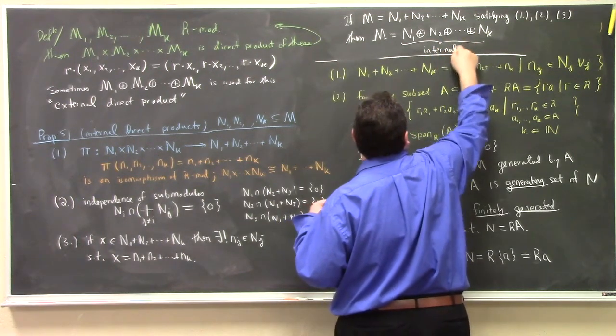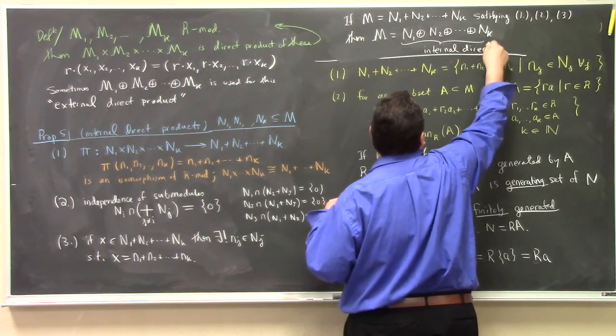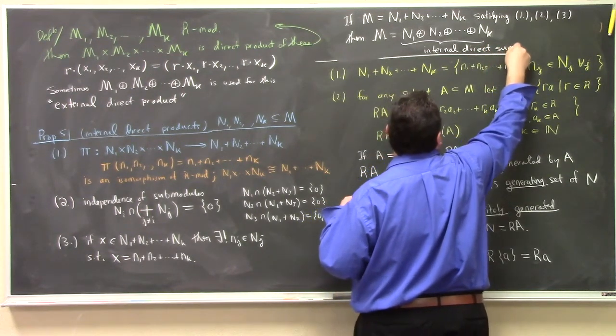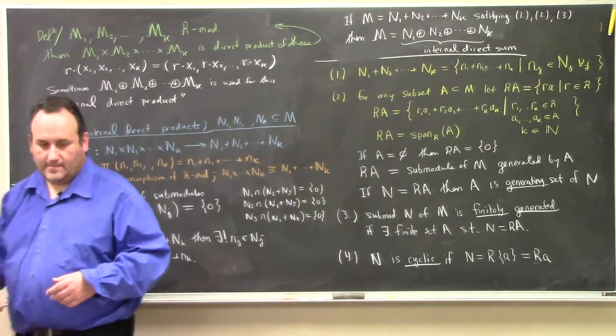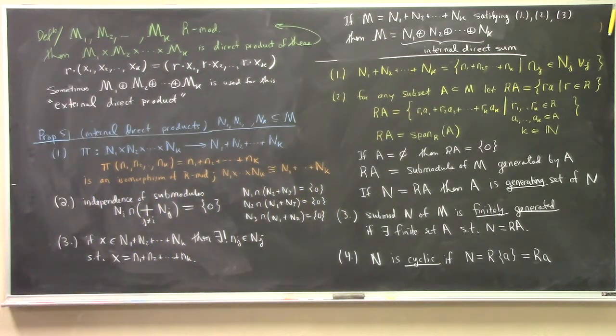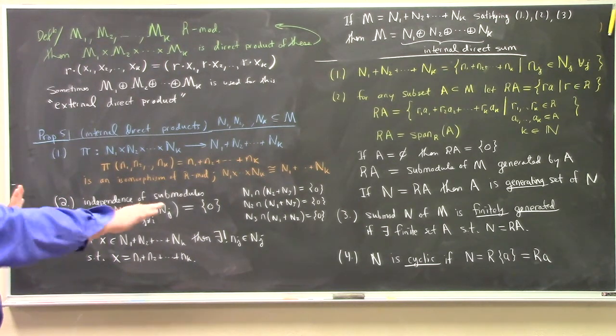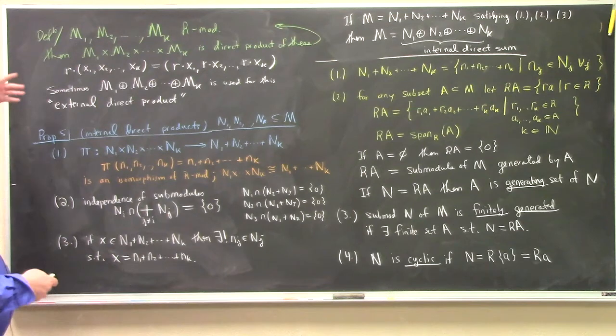It's internal because it's formed by submodules of the module. But in fact, to say that a module is the direct sum of submodules is to say that module is isomorphic to the Cartesian product of those modules with respect to the natural component-wise module action.